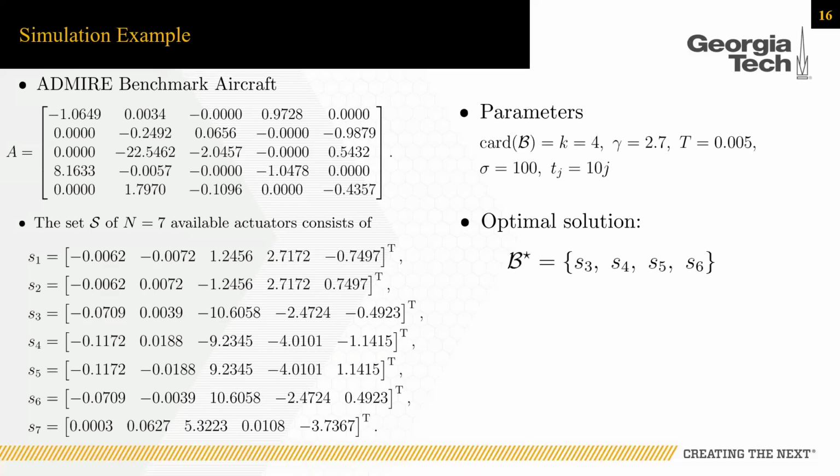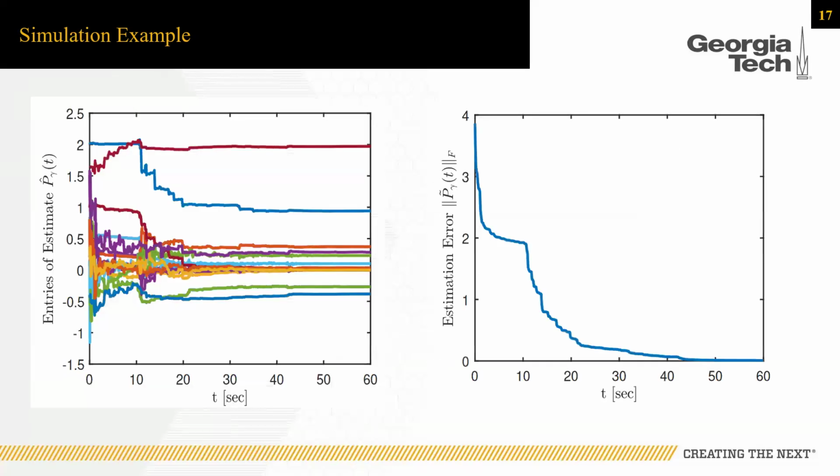And let's say that I knew the system from before, and I want to solve it offline. So if I knew everything about the system, then the optimal solution would have been 3, 4, 5, and 6, okay? So let's see if our learning algorithm will eventually converge to 3, 4, 5, and 6, okay? So first on the left, you see the convergence of the P gamma, okay? So you see the convergence on that one.